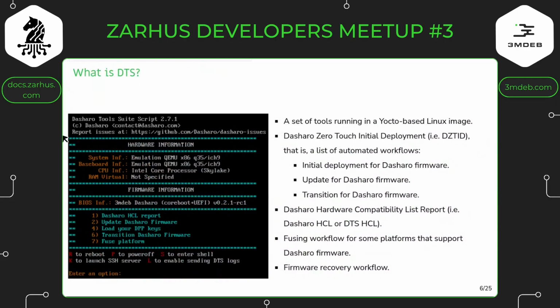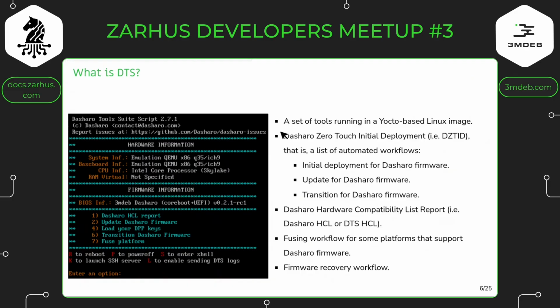But what is DTS from the technical point of view? The DTS is a Yocto-based Linux distribution with tools supplied by Zarhus and Dasharo teams for all the tasks it does.